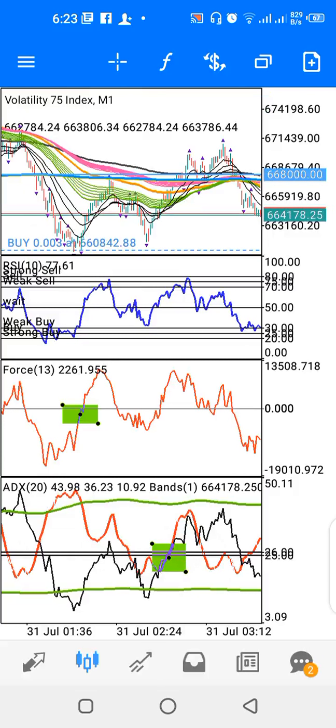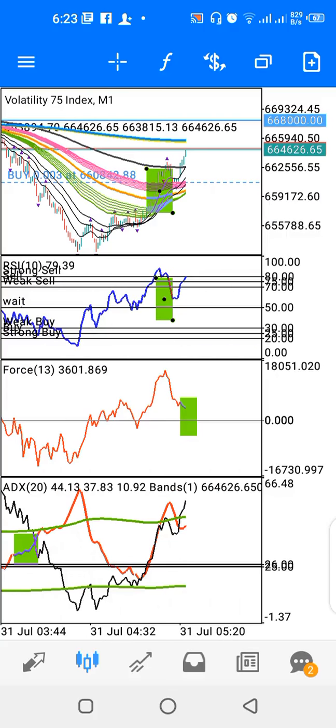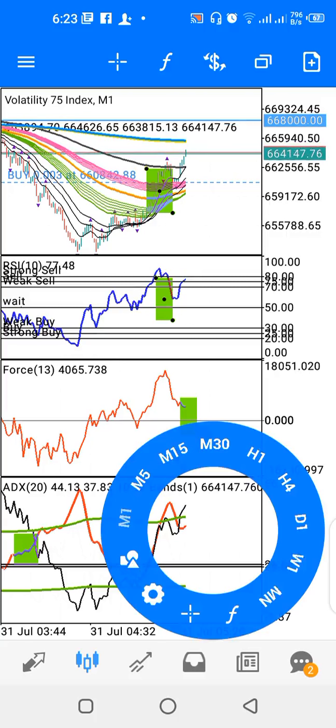That's when you buy. You have the black line crossing above the red line, also crossing above the midpoint of the envelope.